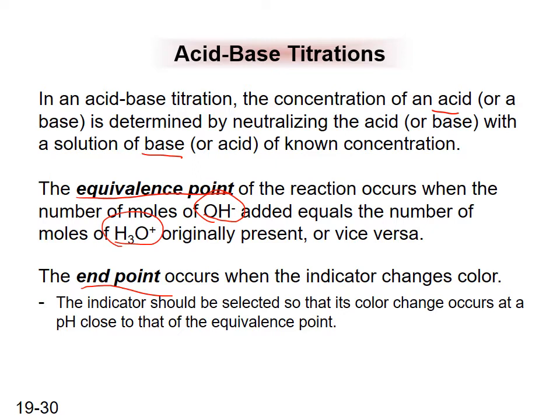The end point occurs when the indicator changes color. End point is not always the same as equivalence point. However, the indicator should be selected so that its color change occurs at a pH close to that of the equivalence point.